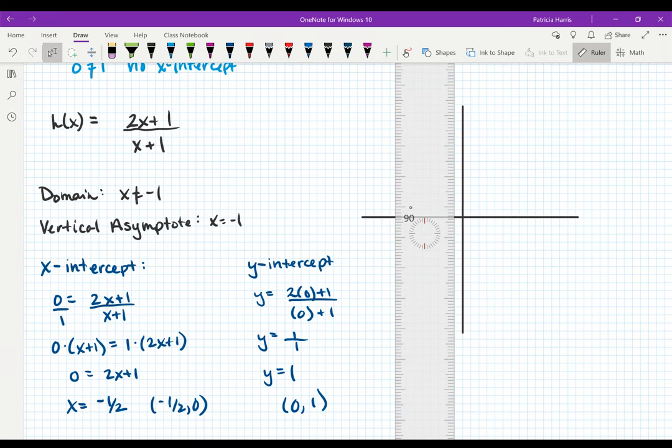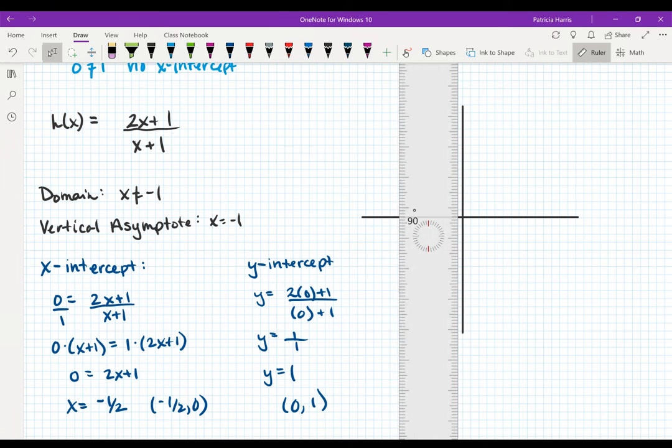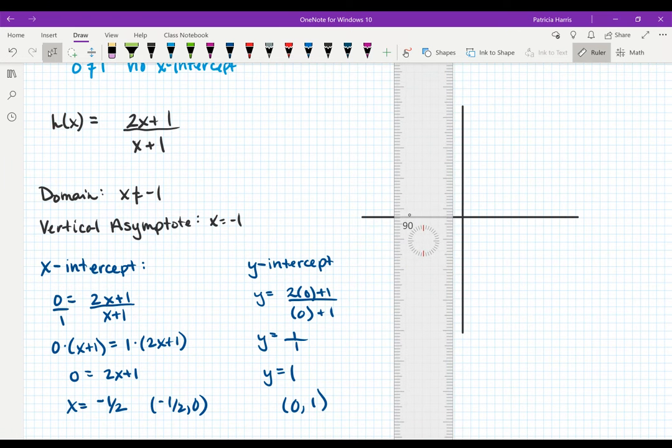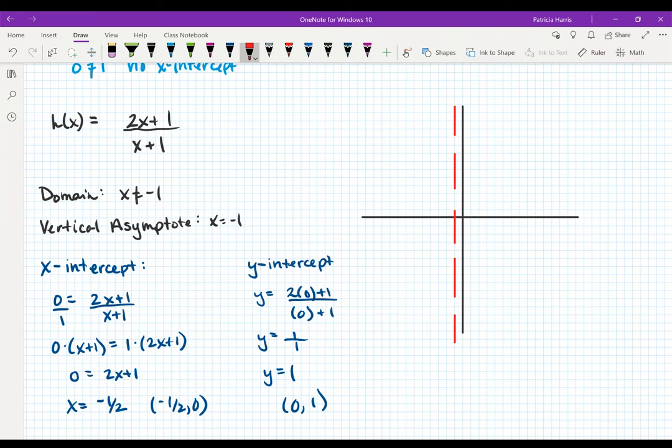So there's my vertical asymptote, there's my graph. So I've got -1/2, that's right there. And then 0, 1 for the y. Okay. So don't really have a lot to go on.